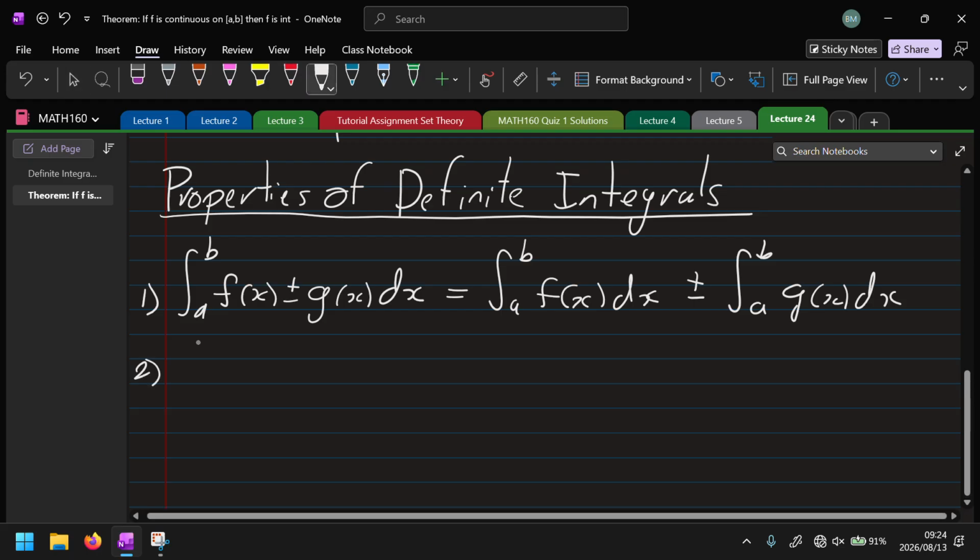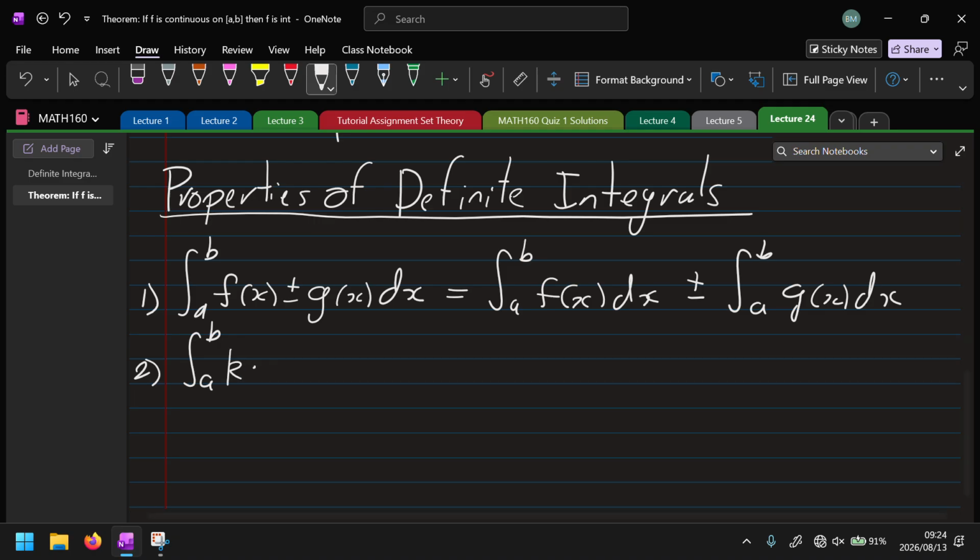Number 2, the integral from a to b of some constant, let's call it k, times f of x dx is equal to... Okay, so again, think about what we're doing. This is the area under the curve. Inside, we are scaling the height. Remember, this is just the height. We're scaling the height by k.